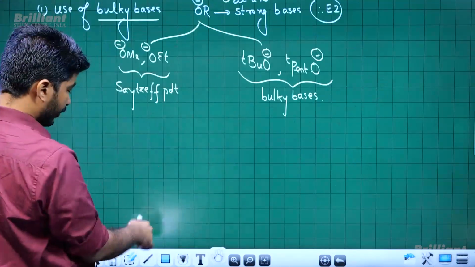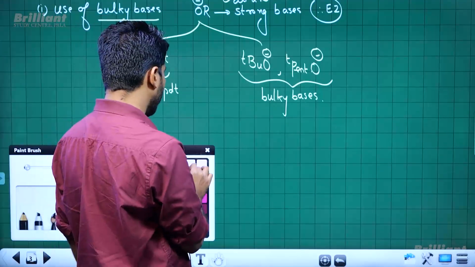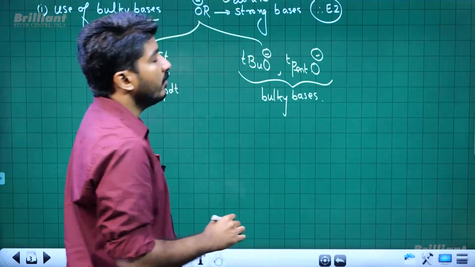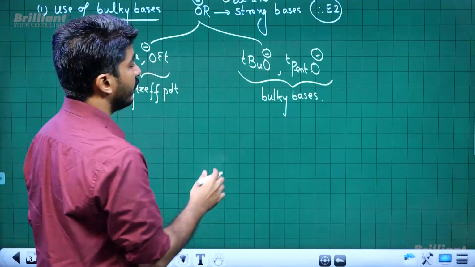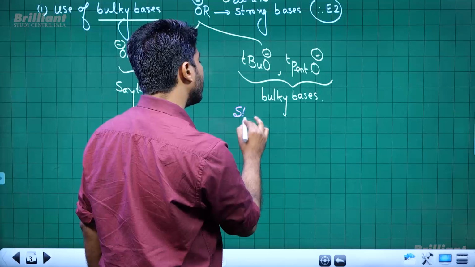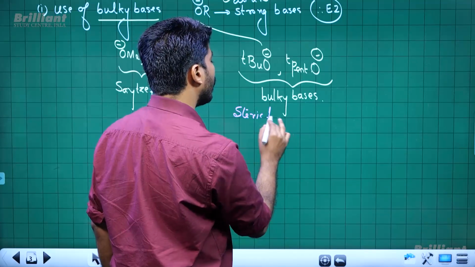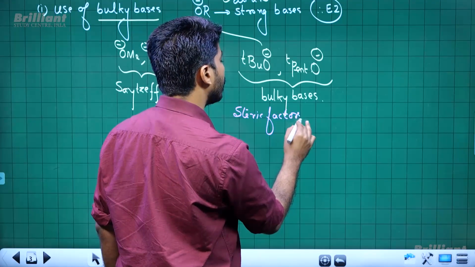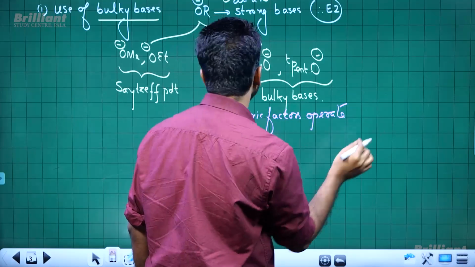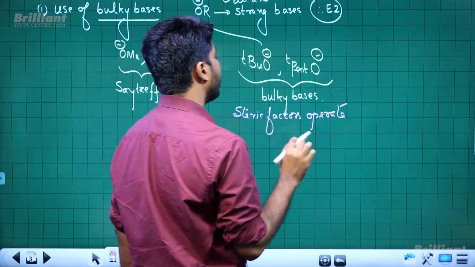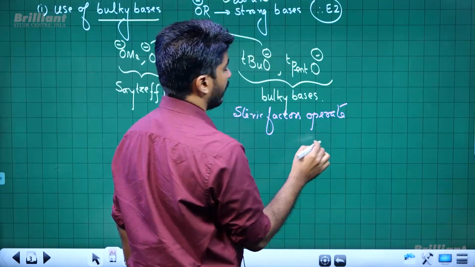Therefore, steric factors operate. So perhaps this is the only case in which steric factors are present in elimination reactions. Here steric factors operate. In almost all other cases, there is no steric impact on elimination reactions.